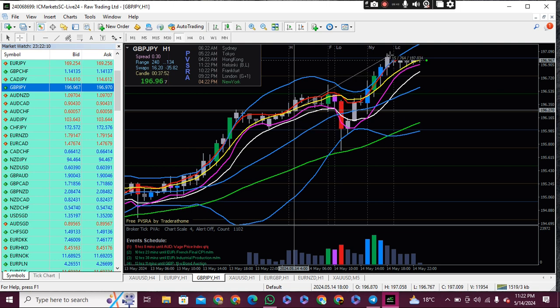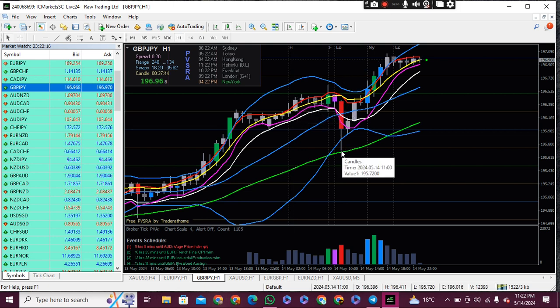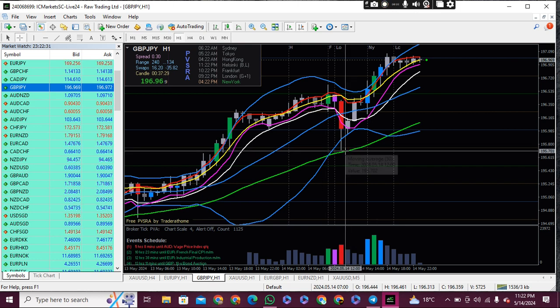And it has already moved close to 76 pips. So again, these are what I call re-entry signals. This was around the London Open. At London Open, we had a very nice re-entry signal from this price. So we had a re-entry signal from around 195.70.